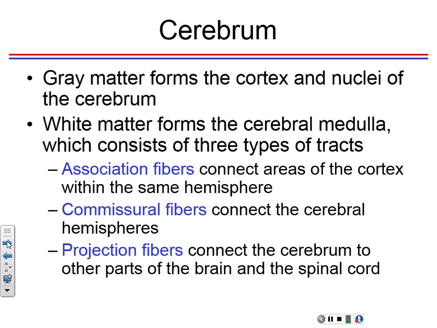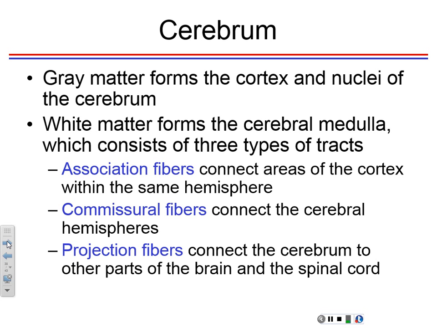So good. So the cerebrum is a huge part of the brain, right? I talked about how you have all these cell bodies located in the cortex, and then those axons make certain patterns that connect the other parts of the brain. So the fibers connecting the same parts in the same hemisphere, whether it be the right or the left, are association fibers.